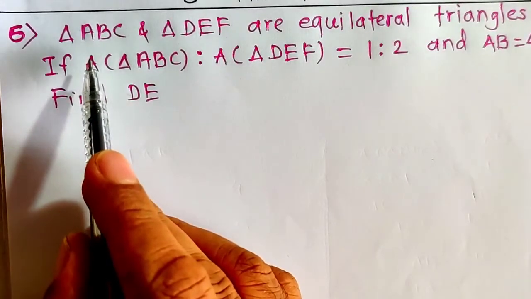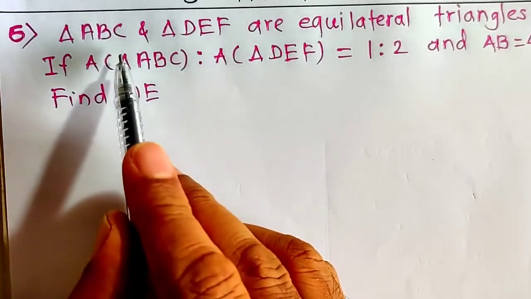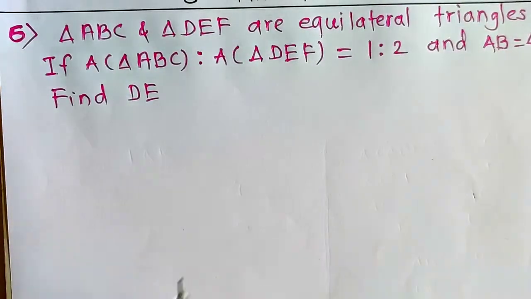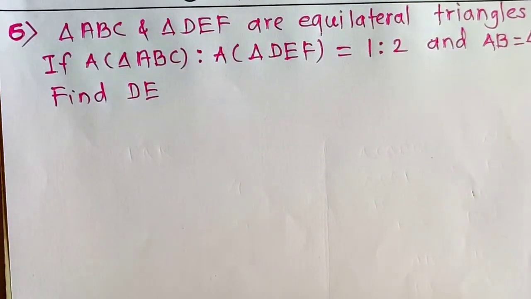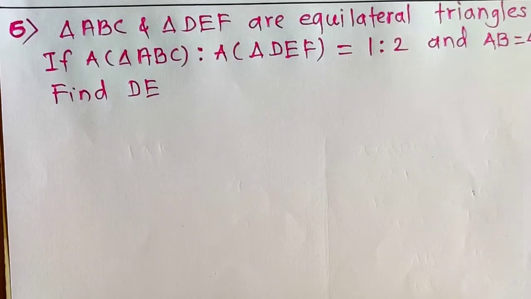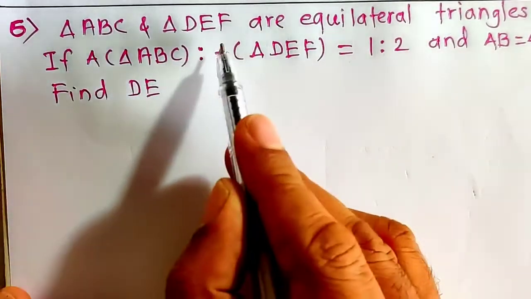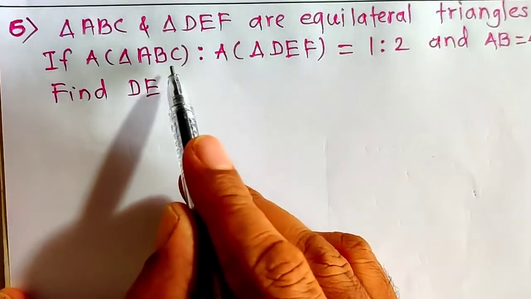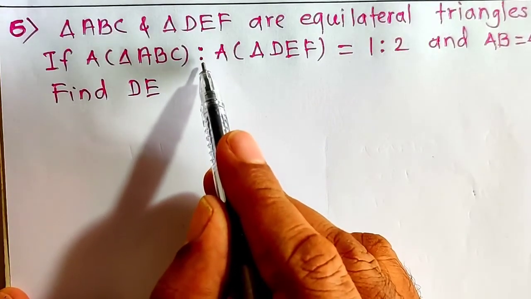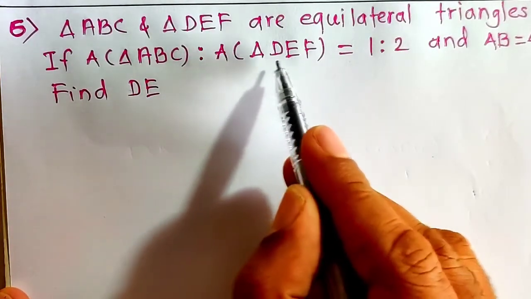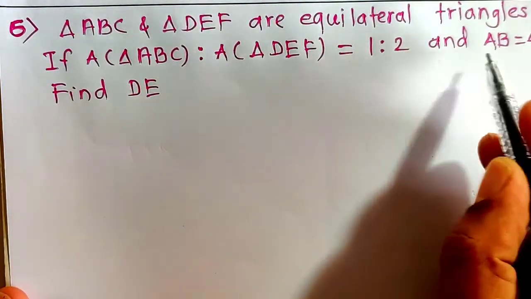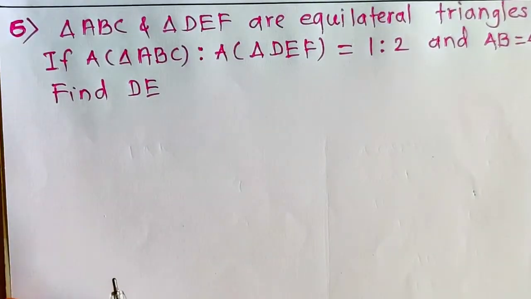Here what is given? Triangle ABC and triangle DEF are equilateral triangles. You know the property of an equilateral triangle: all sides are congruent. So triangles ABC and DEF are equilateral triangles, if the area of triangle ABC is to the area of triangle DEF is equal to 1:2 and AB is 4, then find DE.